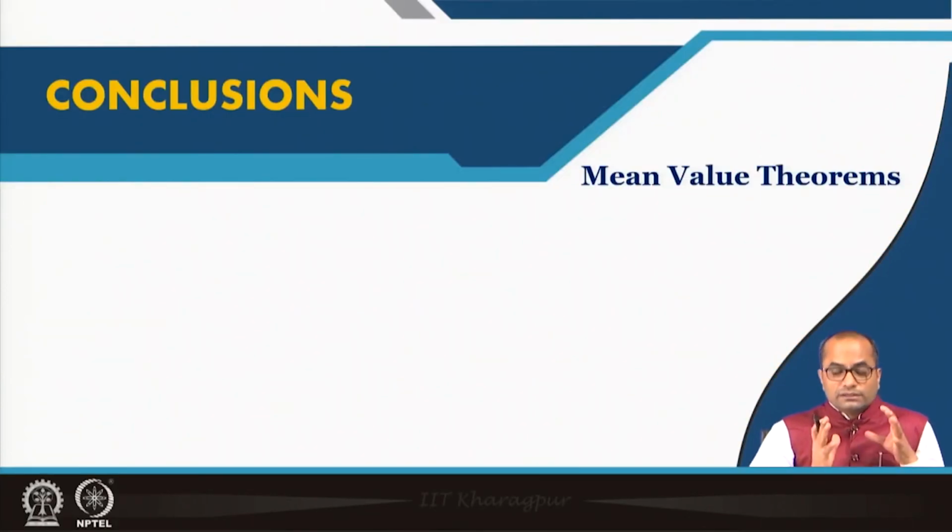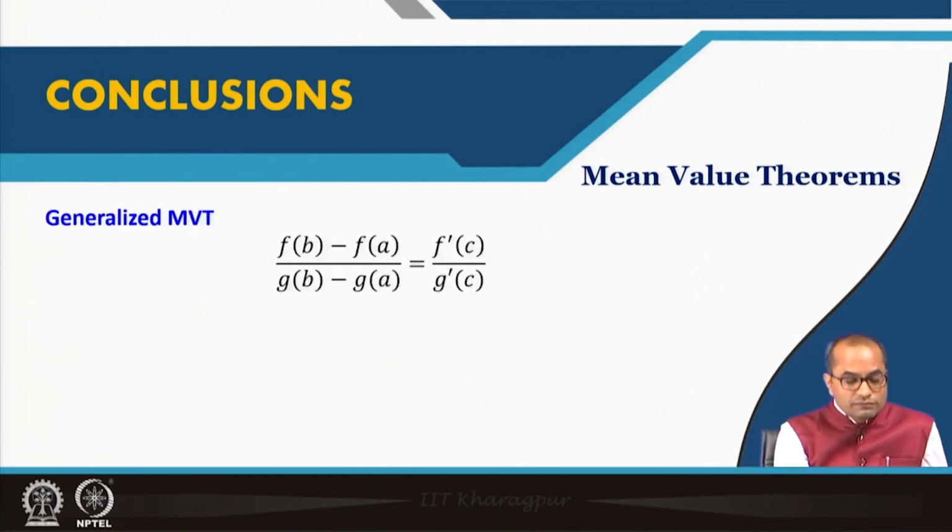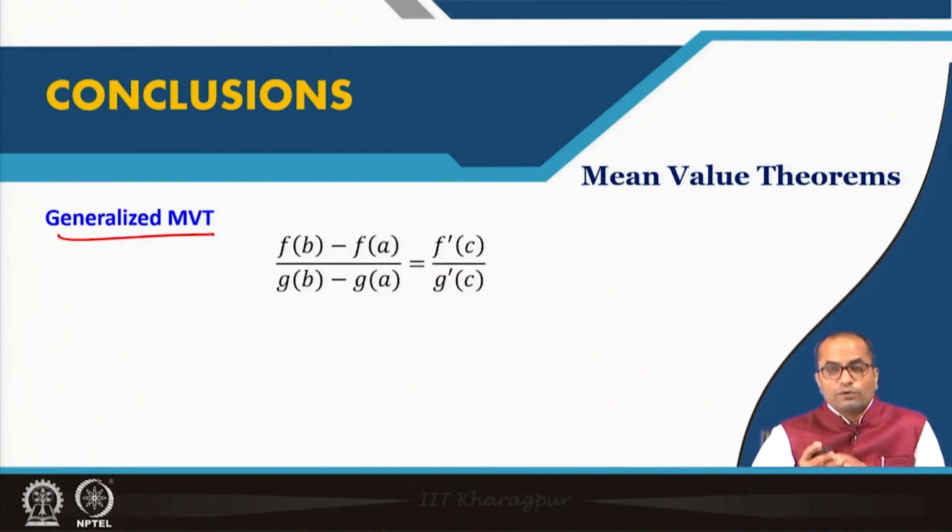So, what is the conclusion of this lecture? We have gone through two mean value theorems. The one was the generalized mean value theorem, where we have considered two functions f and g having all these continuity and differentiability assumptions.